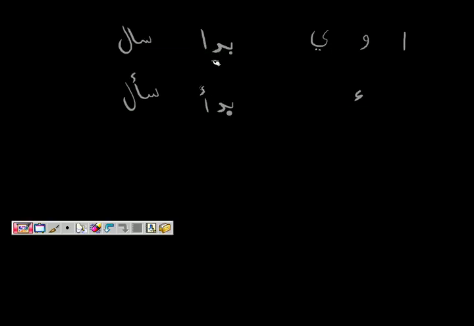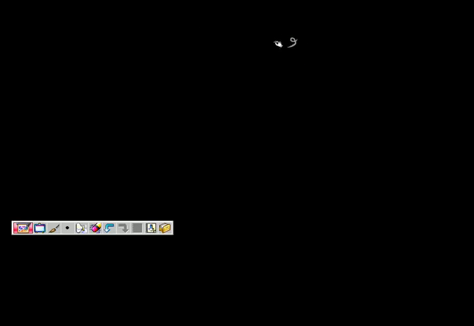If a word has a weak letter in it, then the weak letter can either be the first letter, like in wajada, or the weak letter can be the second letter, like qala, or the weak letter can be the third letter, like masha.